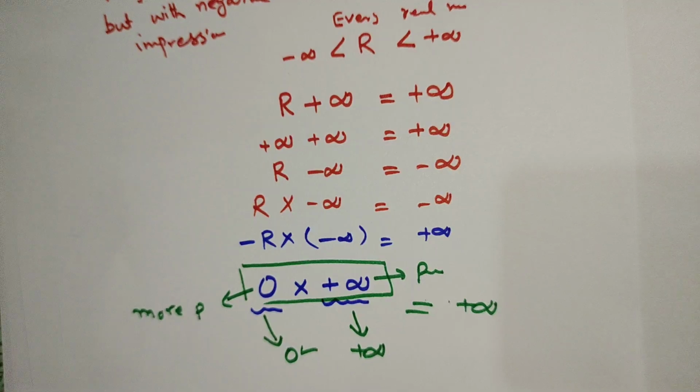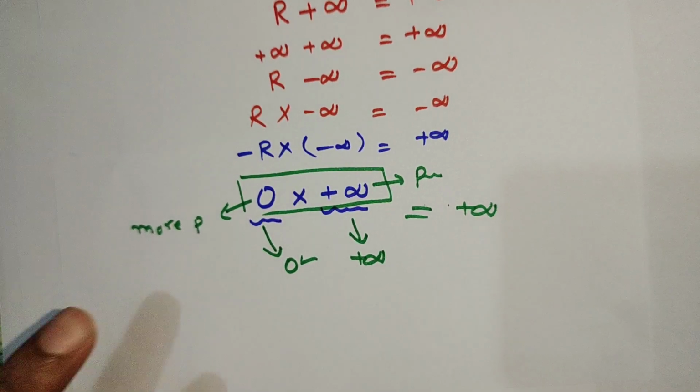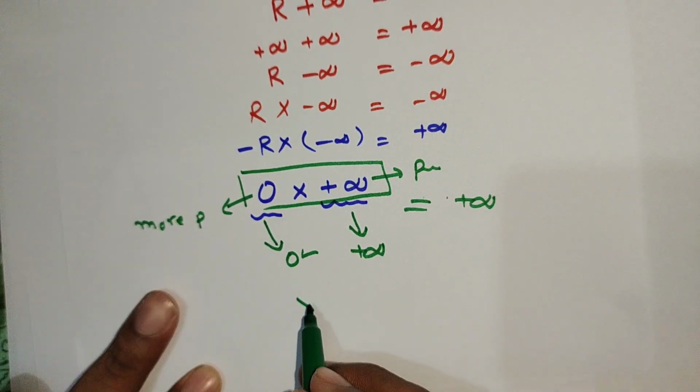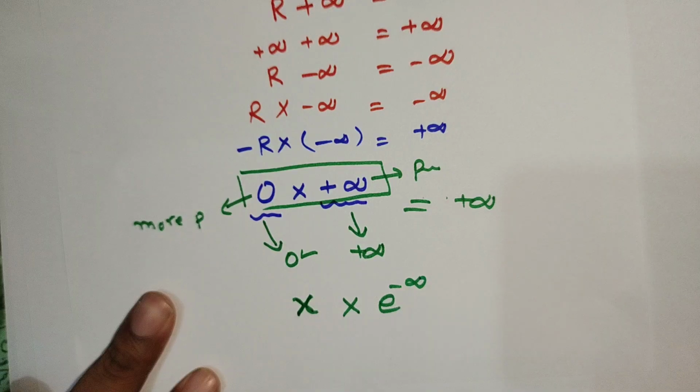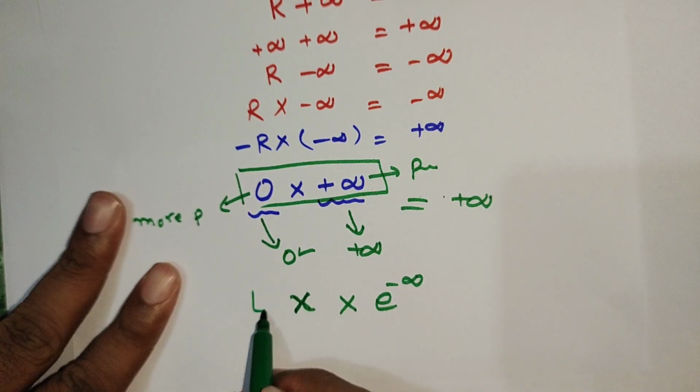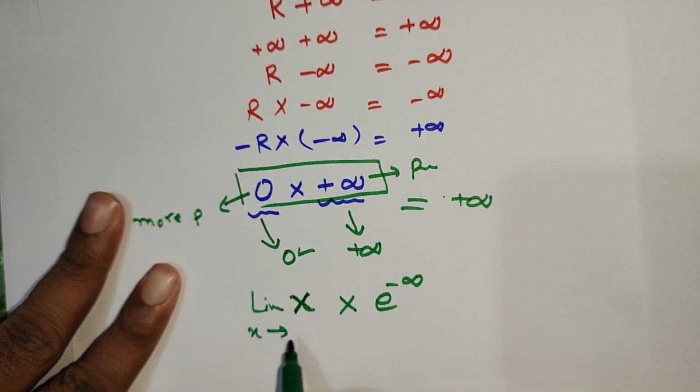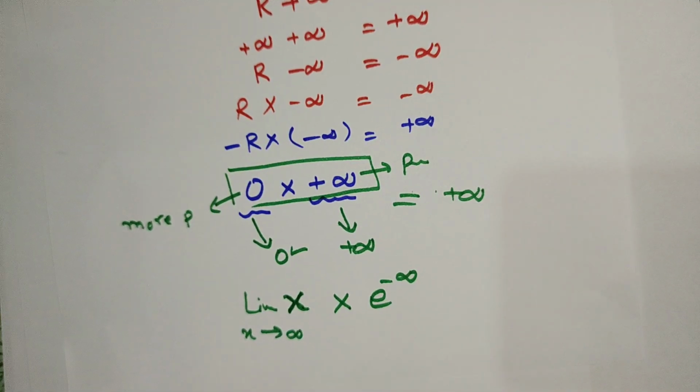For example, we have x multiplied by e raised to power minus x, and we take the limit as x goes to infinity.